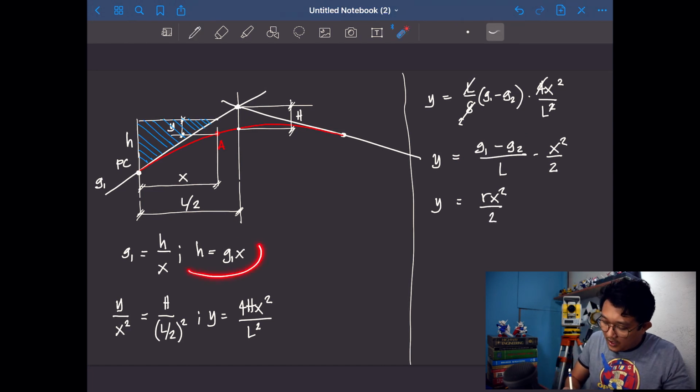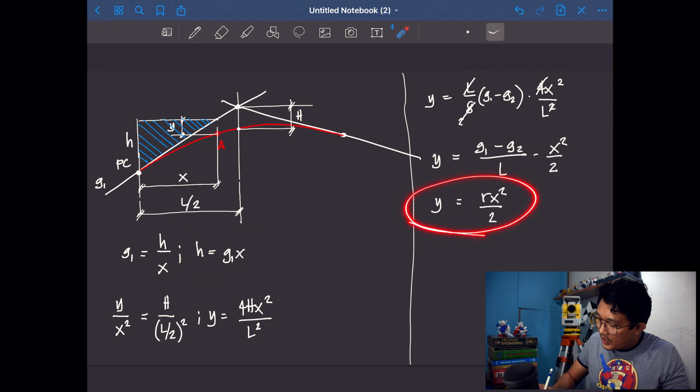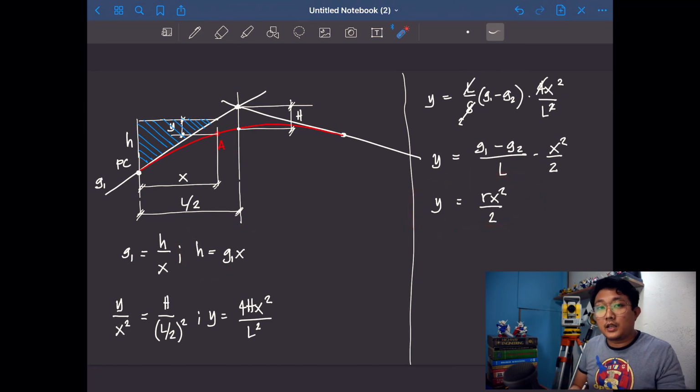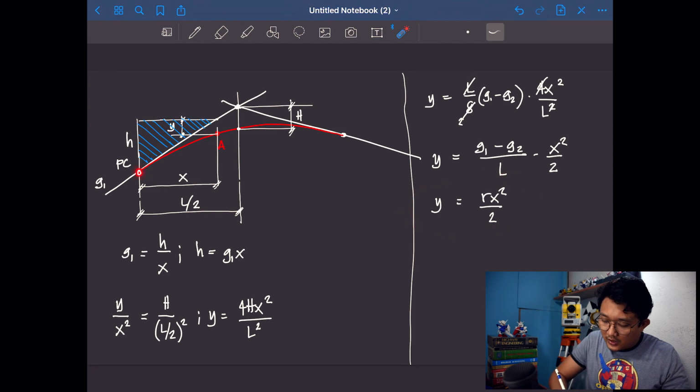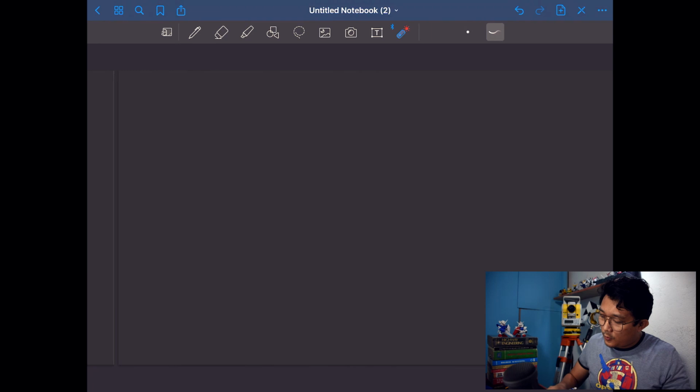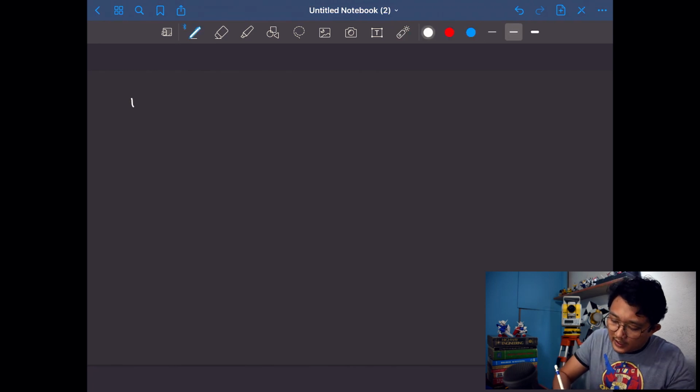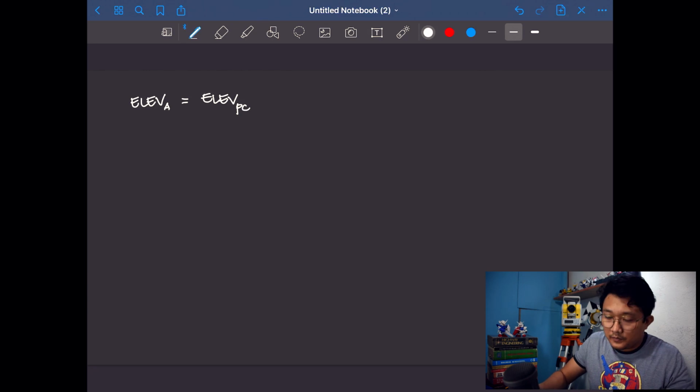So now you have two values for h and y, meaning that I can now solve for the elevation at A or for any other point. Now, if we review, how do we solve for the elevation at A? We take PC, we add h, we subtract y. So in equation form, the elevation at any point A must be equal to the elevation at PC plus h minus y.